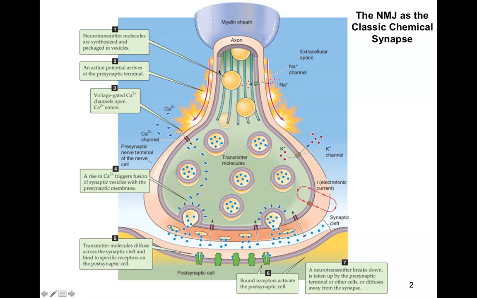The action potential entering the axon terminal triggers a rapid depolarization. And that depolarization is going to stimulate a third voltage-gated ion channel that we haven't yet talked about, the calcium-gated ion channel.